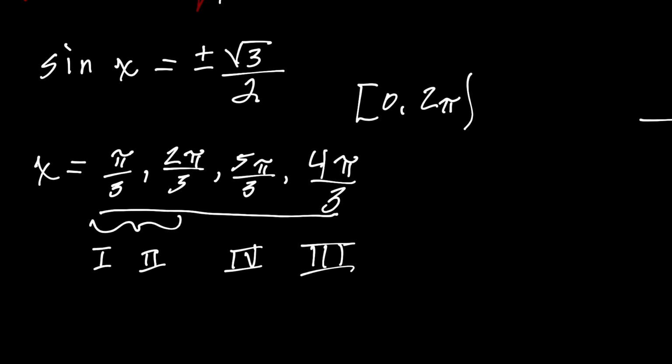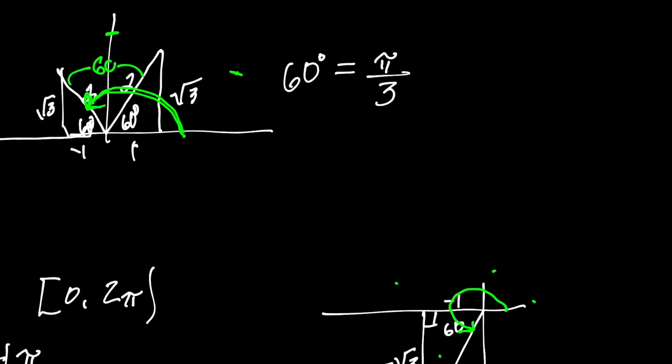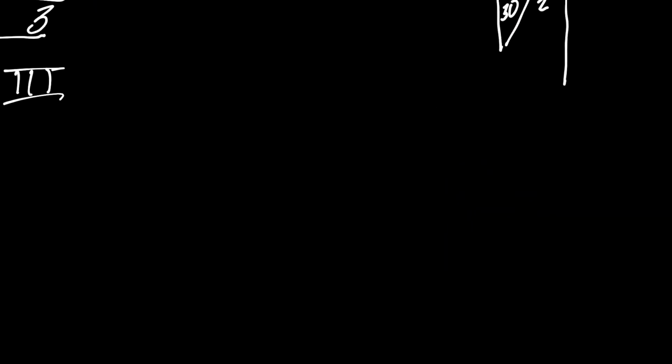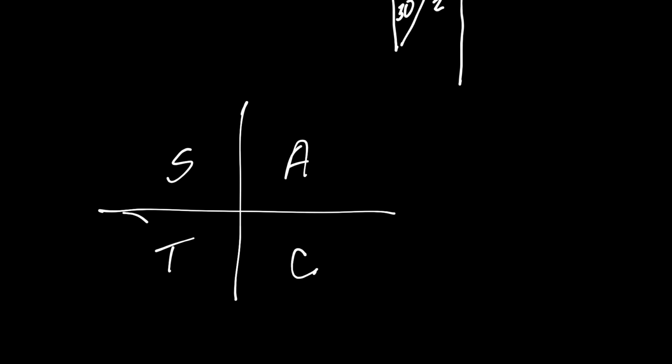So it's very important to remember all students take calculus. Do we remember this? Say yes. All students take calculus. This means all of the trig functions are positive in quadrant 1.